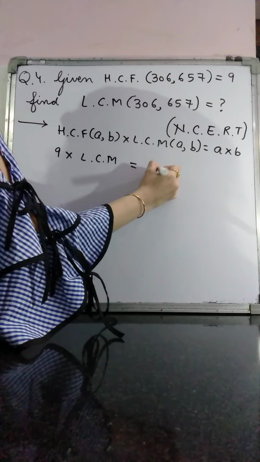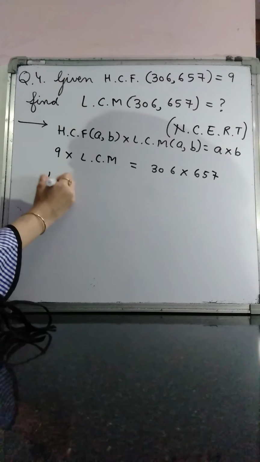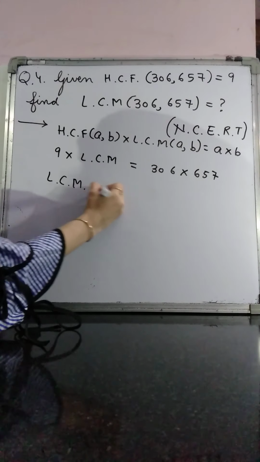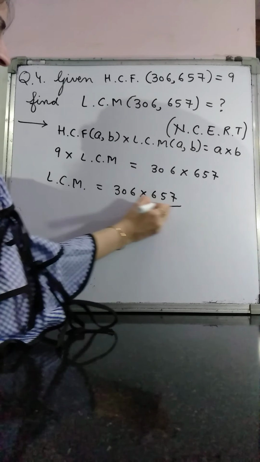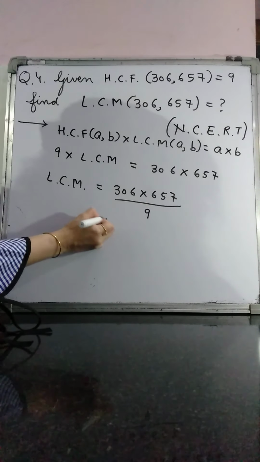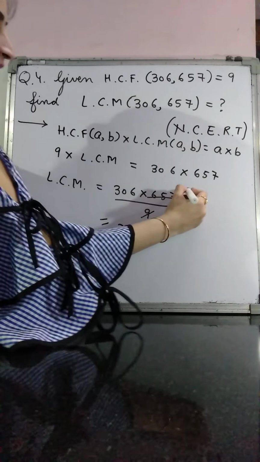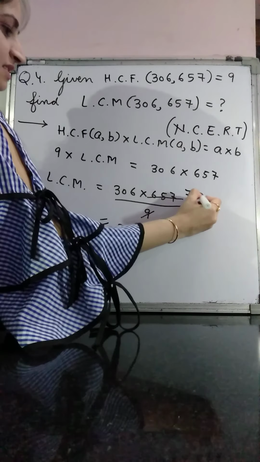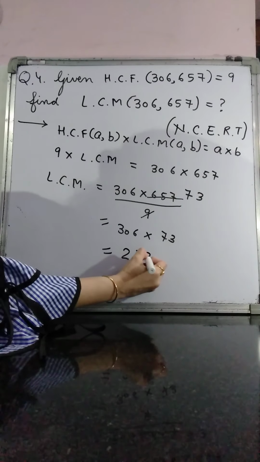A is 306 and B is 657. LCM is equal to 306 into 657 divided by 9. Now multiply them and get the answer.